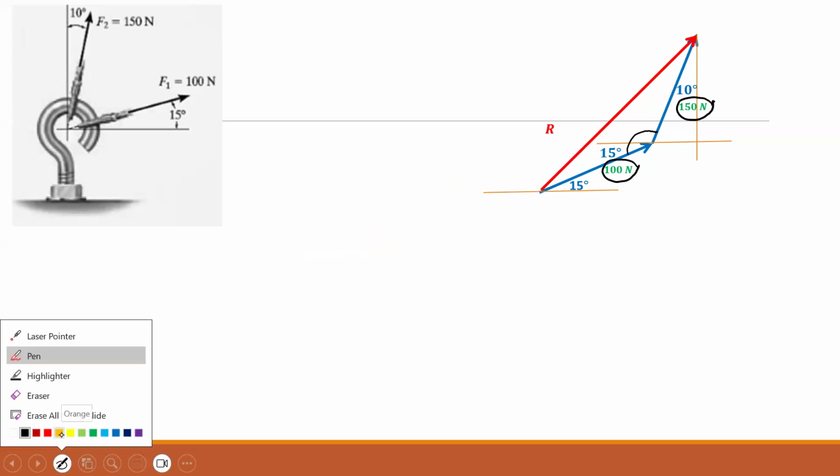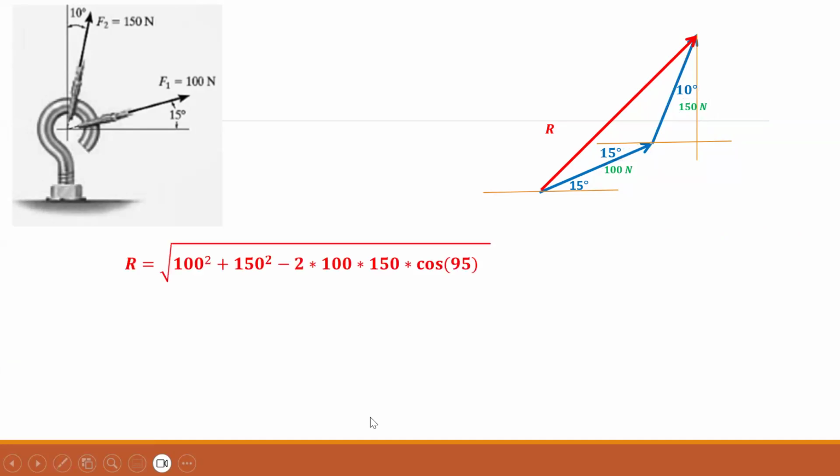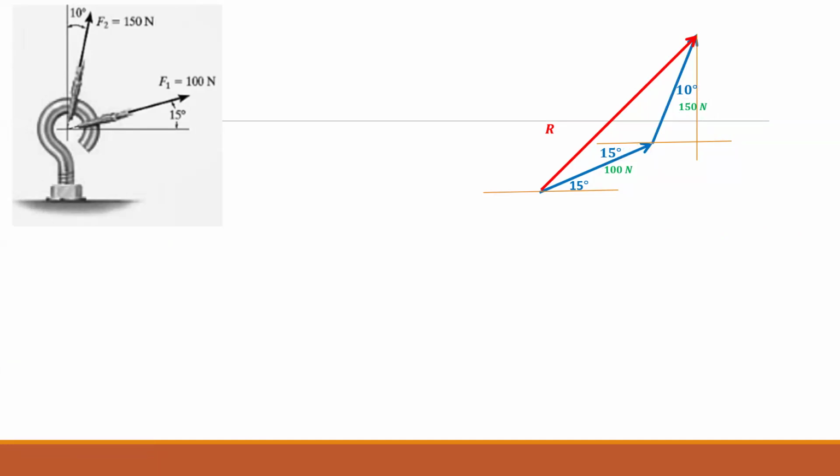Yes, how did we get it? This is 10, isn't it? And this is 15, so this is 90. So if you add 90 plus 15 plus 10, which is 115, isn't it? That will be our angle. Okay, so we know the angle between the two sides as well.